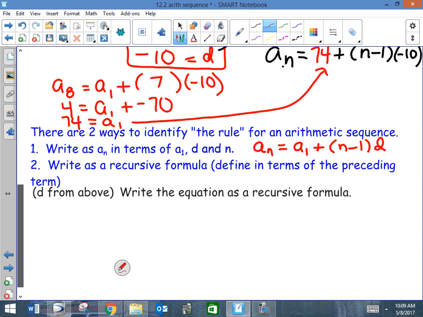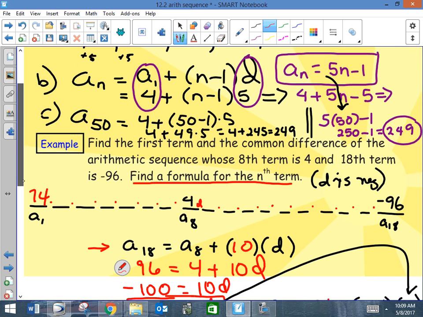Okay? All right, for the recursive, like we talked about last class, is defining it in terms of the preceding terms. So, in this case, AN for recursive is something about A n minus 1. What would be this one?